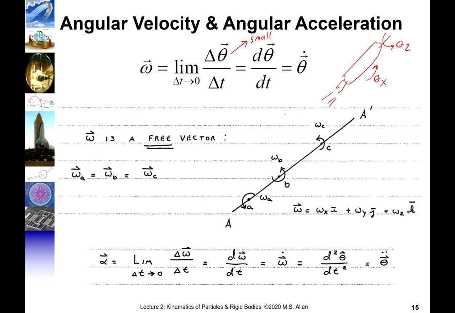We'll define omega in terms of its various components. We could do the same thing for the angular acceleration, which in this class we use the symbol alpha for. It's just the derivative of omega, and so a similar approach.